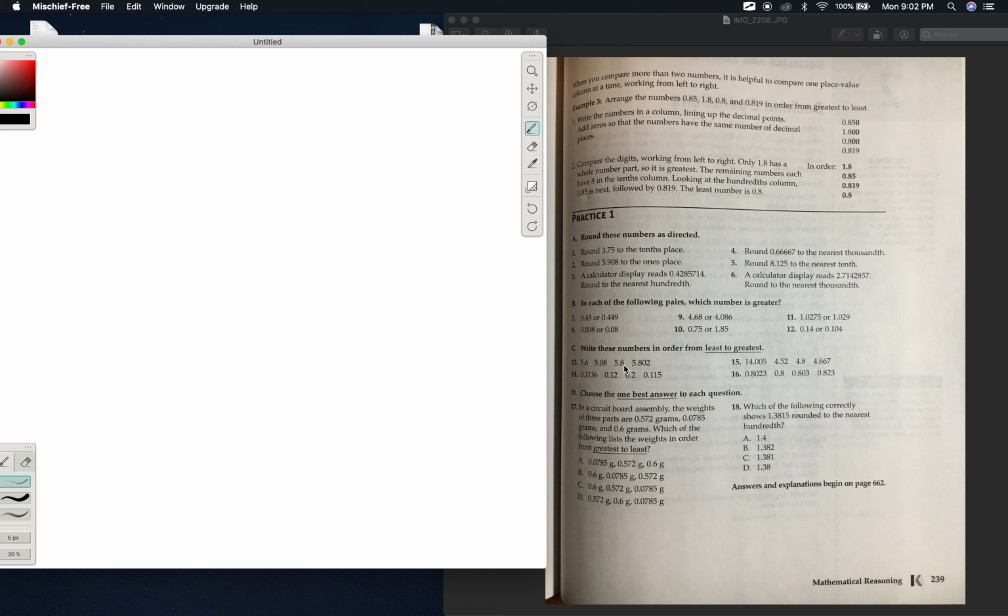So you can see here both of these are even. This 5.8, again 5.8. This one has a few more digits to it, so that makes this one a little larger than this one. So let's just go ahead and do this. The smallest one is 5.08.